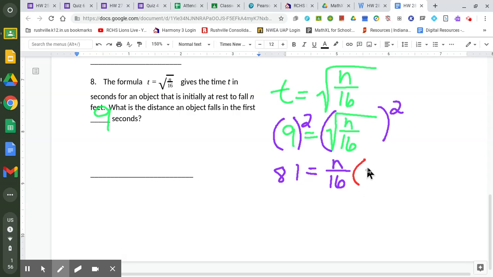Then to get rid of that 16 on the bottom of that fraction, we're going to multiply by 16. That gets rid of our 16 on bottom, 16 on top, and leaves us with n. And then we're going to do 16 times 81, and we're going to get 1,296.